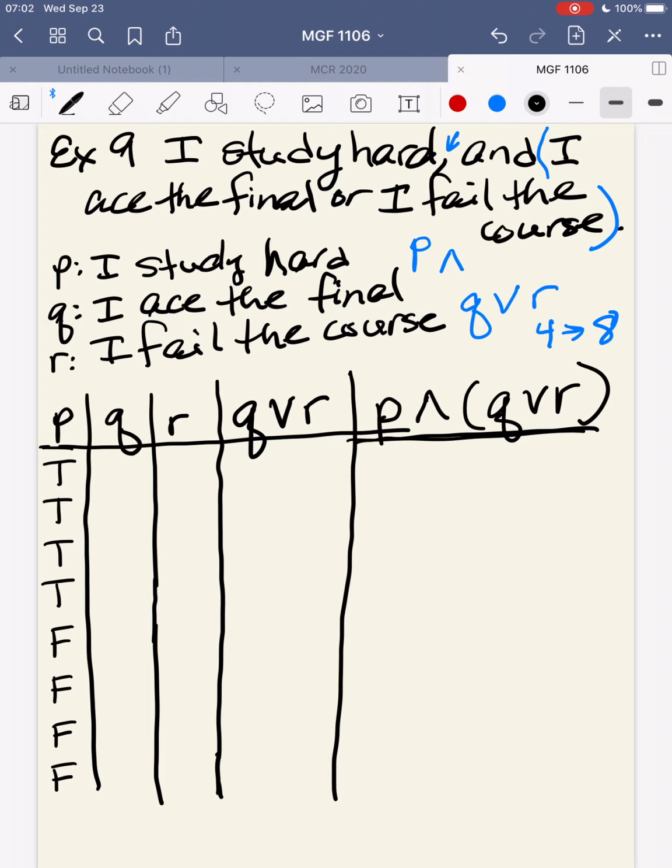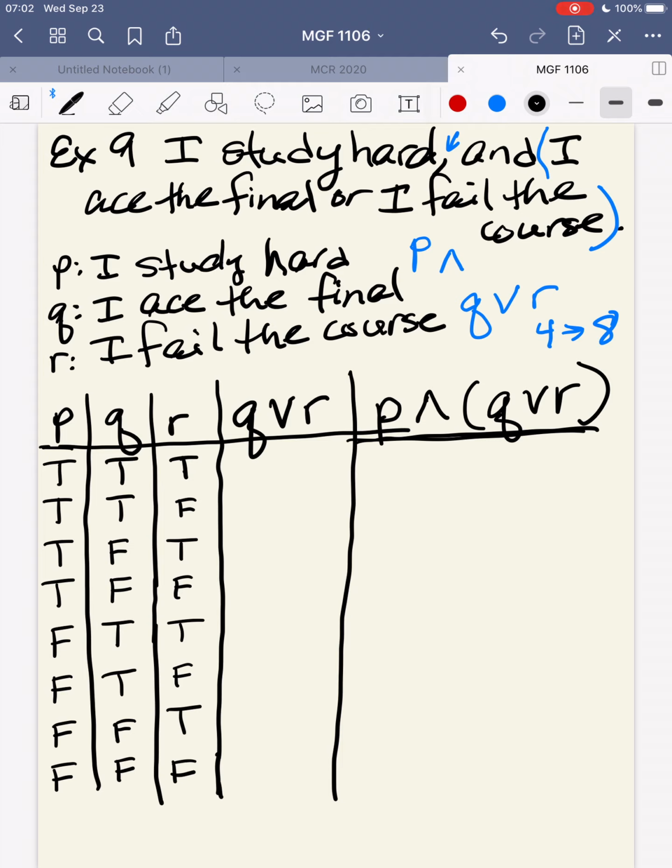Our Q, we're going to alternate by 2s: true, true, false, false, true, true, false, false. Now our R is going to go every other: true, false, true, false, true, false, true, false.